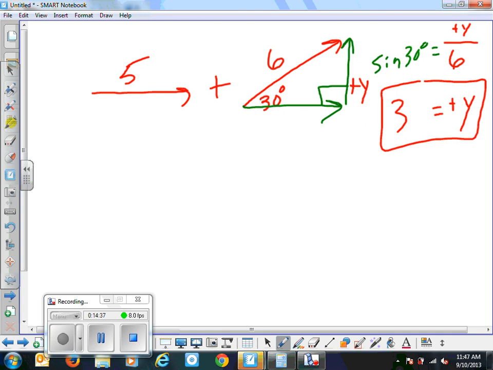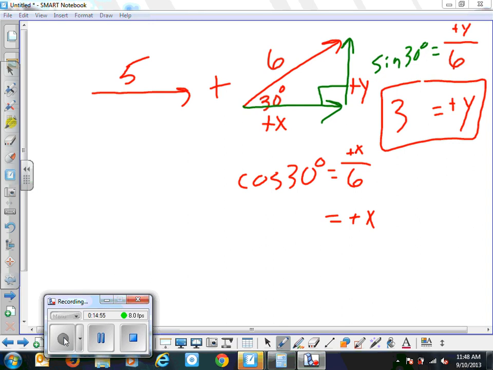Now to find this one, this is the positive x value, so it would be the cosine of 30 is equal to the positive x value over 6. So the positive x value then is equal to 5.196.